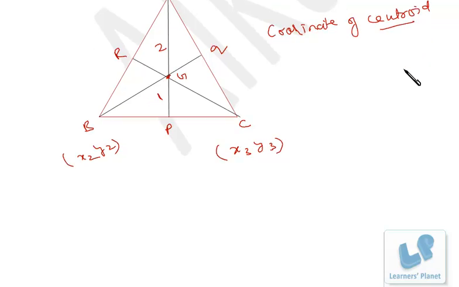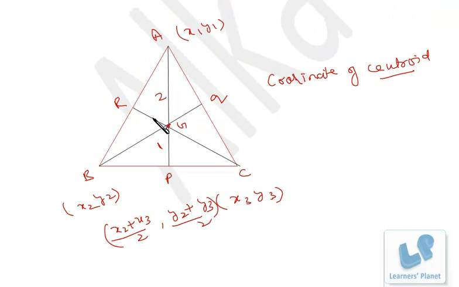Now, how do we do that? See, first of all, we know that P is the midpoint of B and C. And how do we find out the coordinates of midpoint? That we have already derived. This is x2 plus x3 by 2 and y2 plus y3 by 2. These are the coordinates of midpoint.